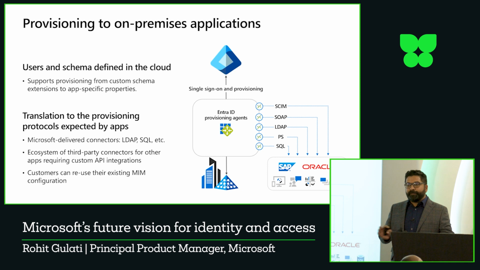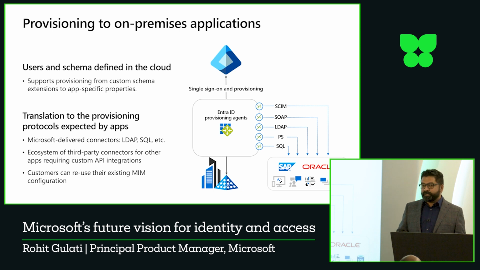So using the same principle without the MIM server, the governance translation rules from the Entra ID or Azure AD blade, can I use just the agent and do the downstream provisioning to applications that could be running on Oracle, SQL, LDAP, or just the .NET-based model, and provision applications downstream? So if you're using MIM connectors, you can even repurpose those connectors to come to this new model with on-premises application provisioning.